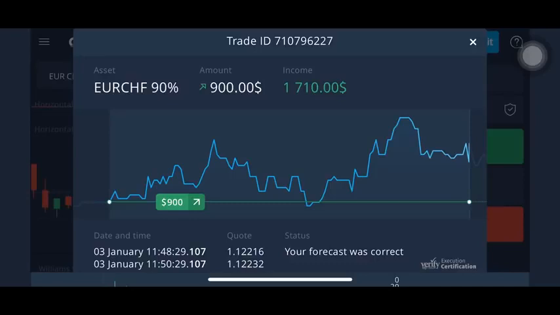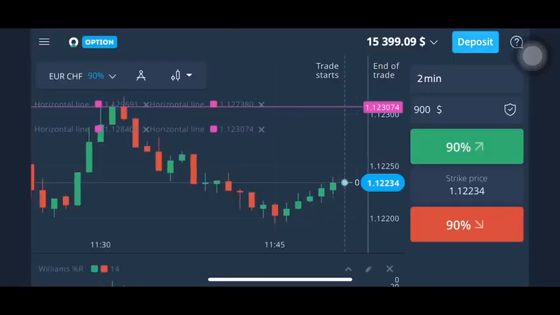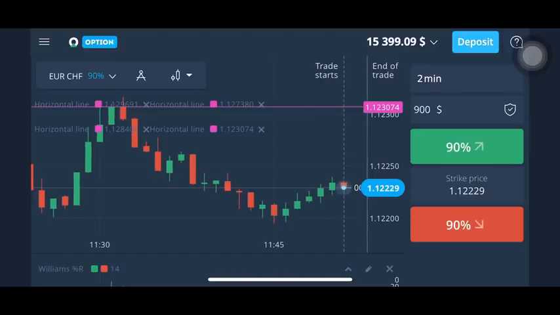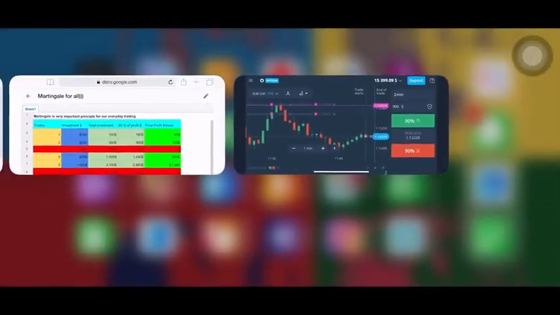We lost some money on the previous trade, you guys know, which is $450. So we recovered that, and on top of that, we have some profit. So this is what the martingale principle speaks about.